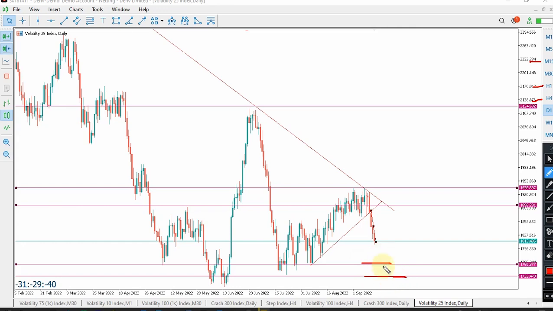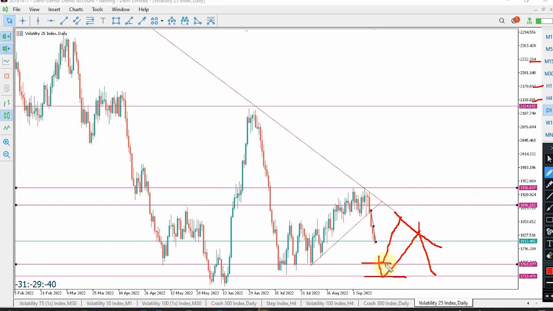When price gets to this place, we wait to see the outcome before we know if price is going to bounce up or break this one and bounce up. And when that happens, we wait to also see what happens here. If price is going to break it or price is going to still come down to this place.